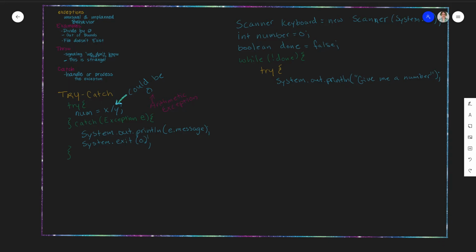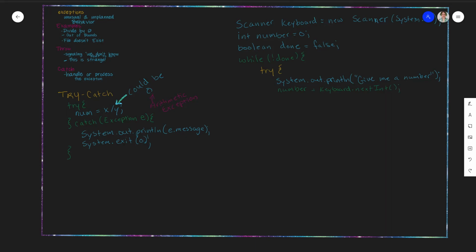And then we're going to try something here. We're going to try to get a number using that keyboard that we instantiated. So keyboard.nextInt, and this method here is just supposed to give us the next integer that a user puts in.